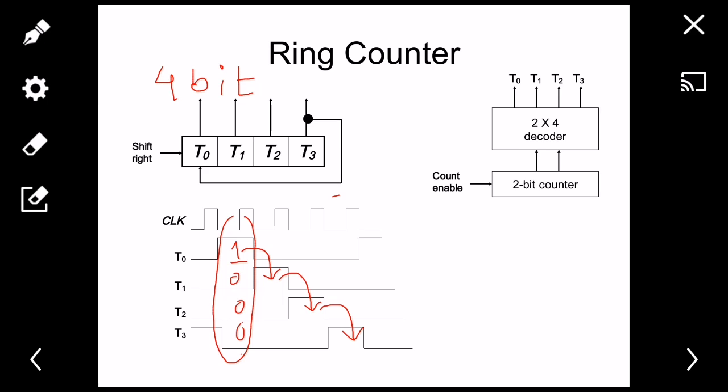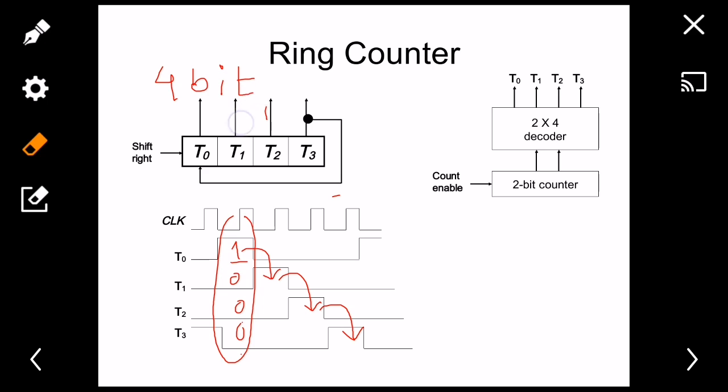So what will happen if I free run the ring counter? Say for example, at a given instant, this is logic 1. Then after one clock pulse, the one will be shifted towards this point, and after one clock pulse the one will be shifted towards this point.